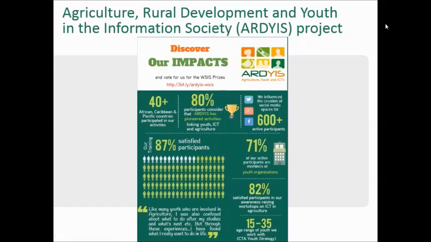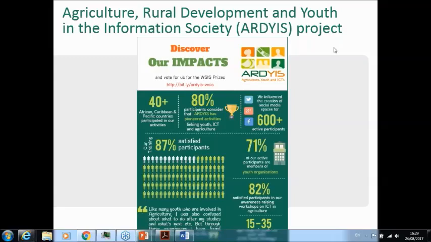For example, this infographic that I have on the screen is for a project called the Agricultural, Rural Development and Youth in Information Society project. And we use various design elements to showcase the impact that we have made using this project. So we use, for example, a mixture of text and images. We place percentages and figures.